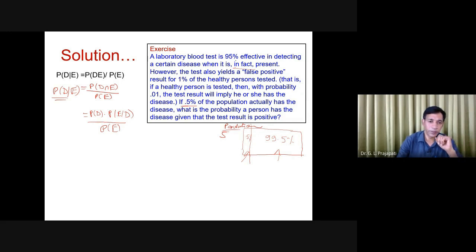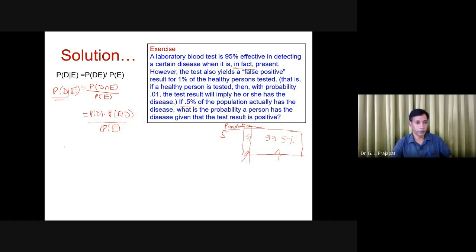So 95%. So you know this probability. You know the probability for the disease, meaning how many people in the population actually have the disease, 0.5%. So we also know this, but we don't know the probability of E, positiveness, because the test result can be positive here also, and can be positive here also.